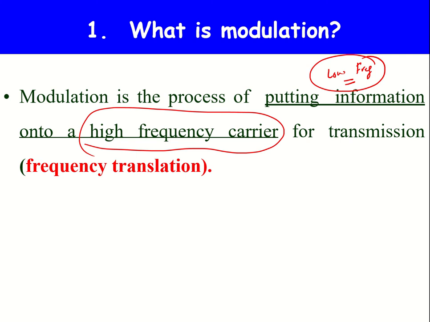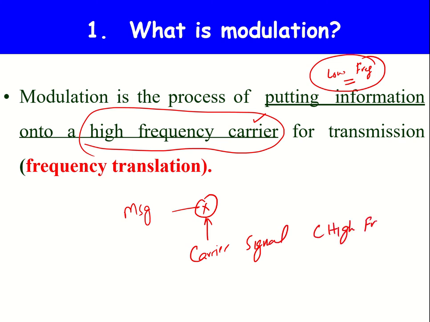So basically you are putting information on a high frequency carrier. You have a message signal and you have a carrier signal. The carrier signal is a high frequency signal, and this is a low frequency signal, which we typically call the message signal.